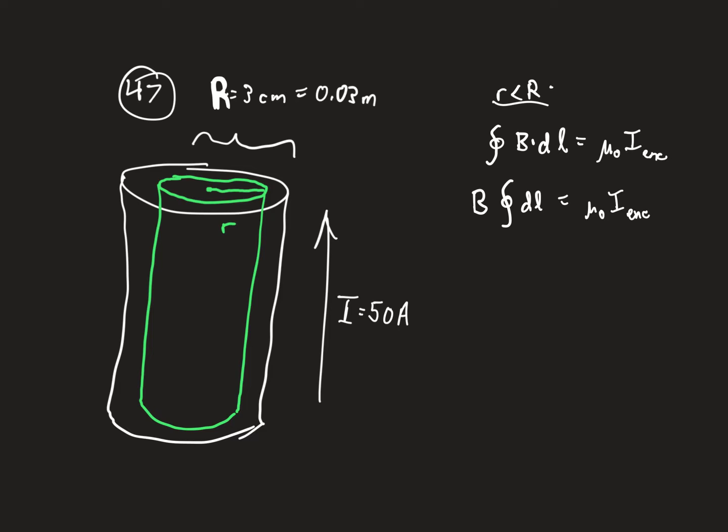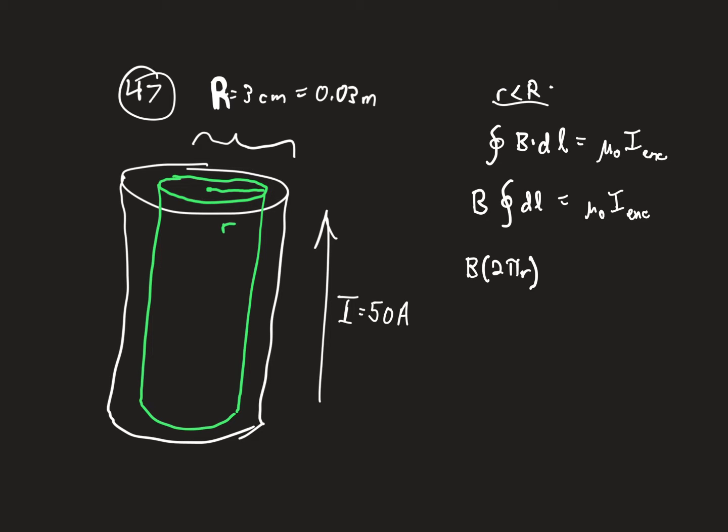If this is my cylinder, let's say this is my wire, I'm walking from here all the way around it. What is that called? That's the circumference. What's the equation for circumference? It's 2 pi r. So that path integral is going to be B times 2 pi r. The left-hand side is always about the Amperian surface.